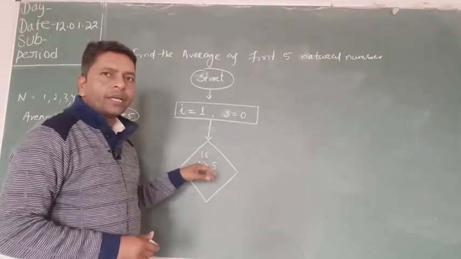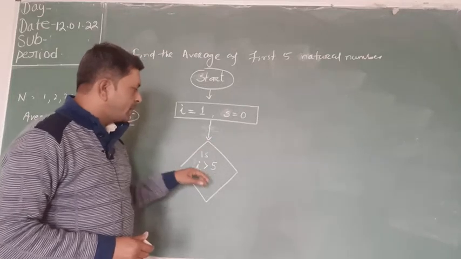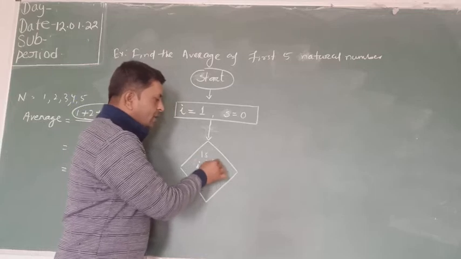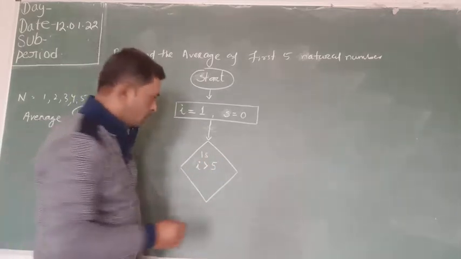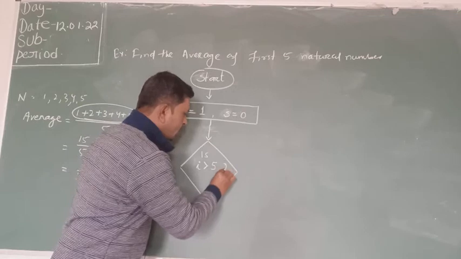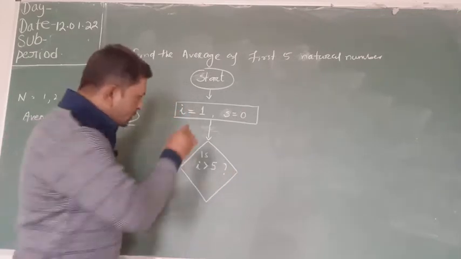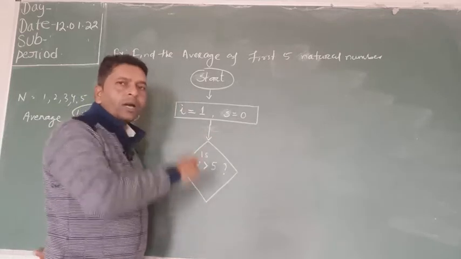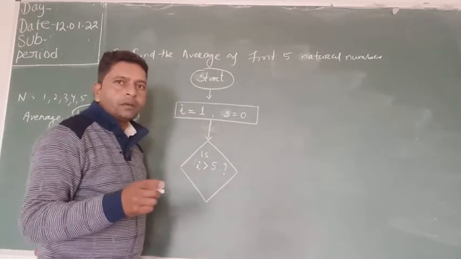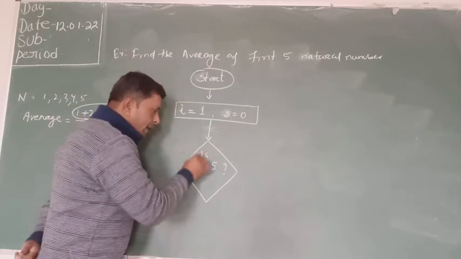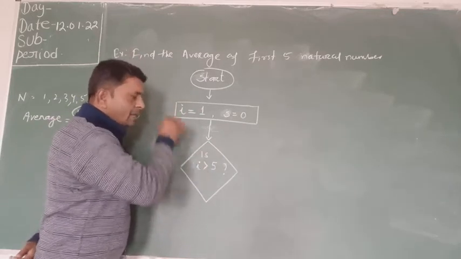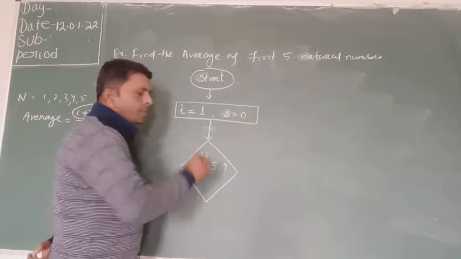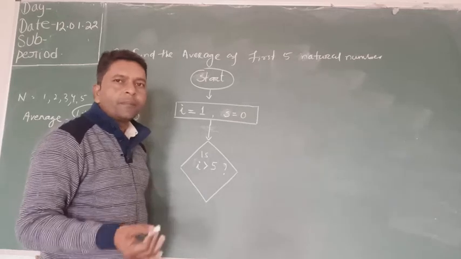Because we have to take 5 numbers, I check whether the value of I is greater than 5 or not, with a question mark. This will count the numbers from 1 to 5, and if the value of I is more than 5, that means 6, then it stops counting.